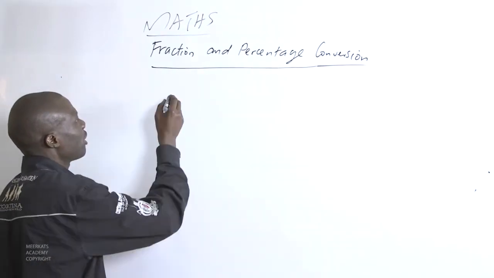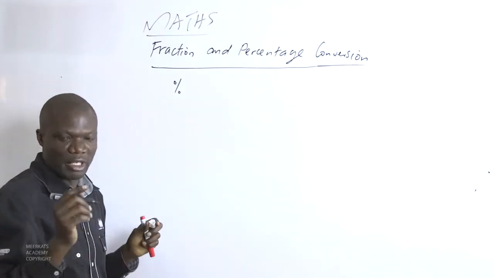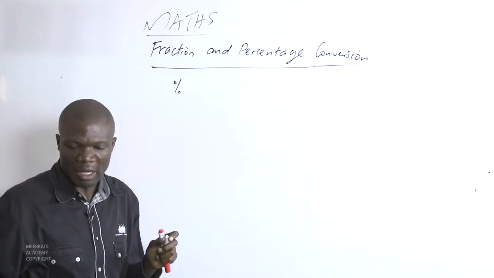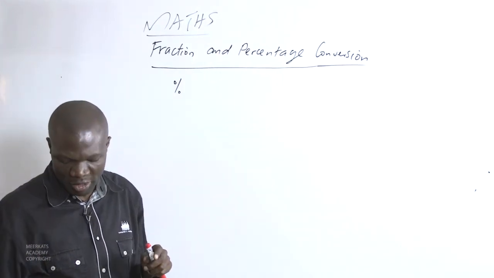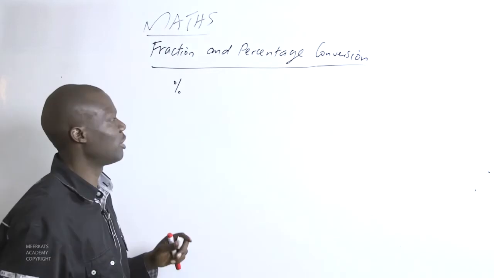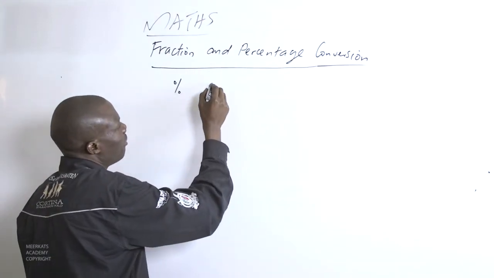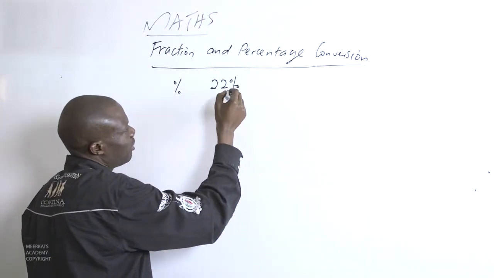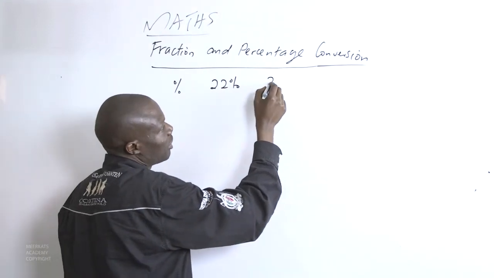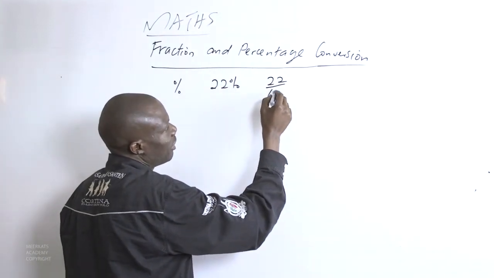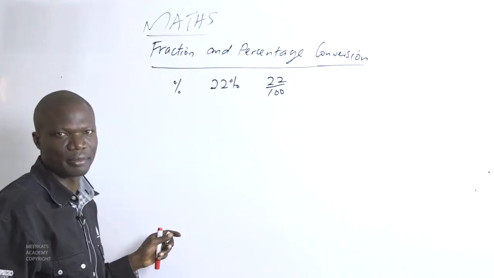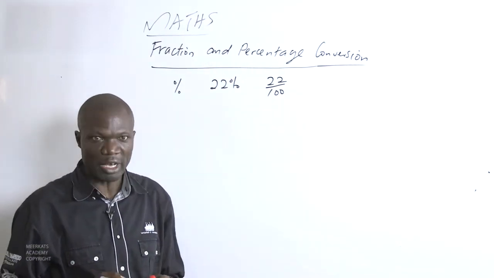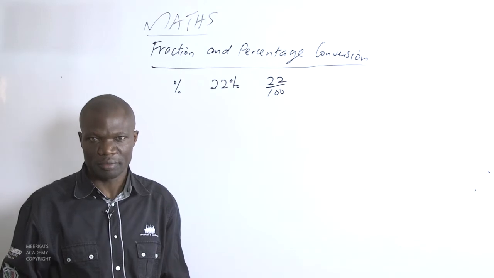And the sign we are talking about is this sign. By simply changing that sign and substituting with a denominator of 100. For example, if we were having 22%, we remove the sign and substitute it with out of 100. So already we have a fraction.